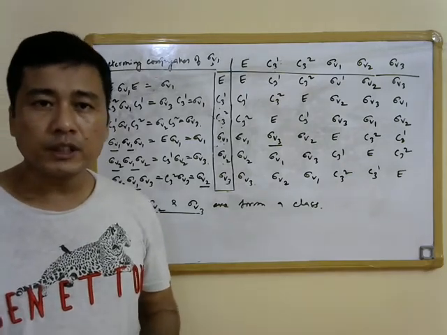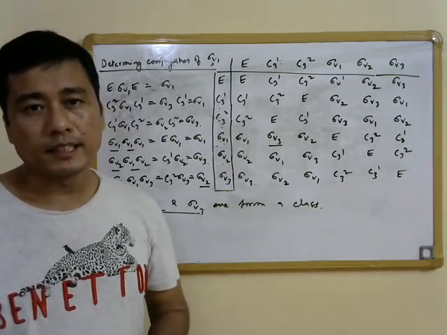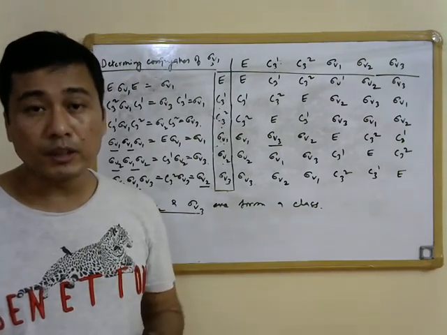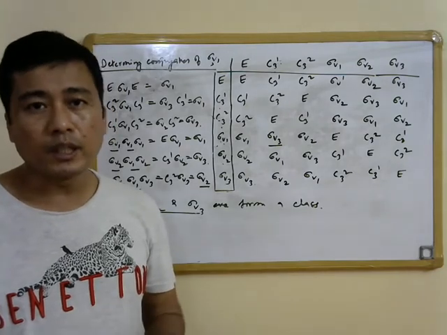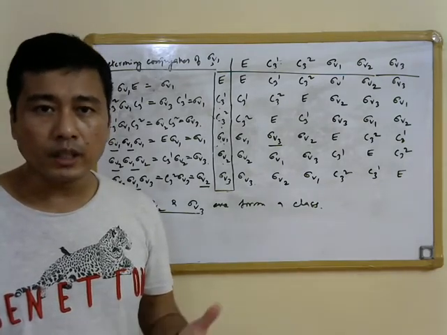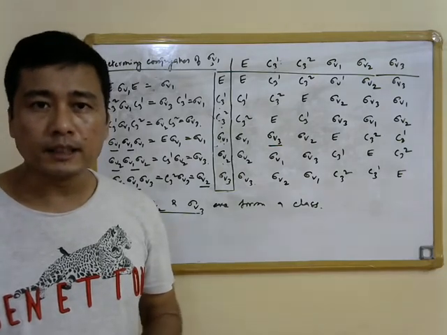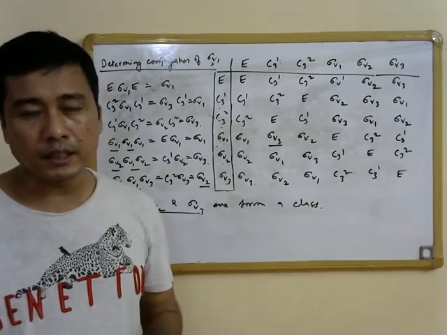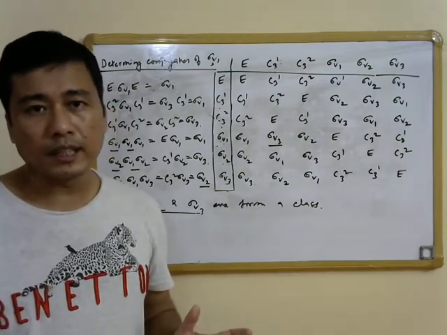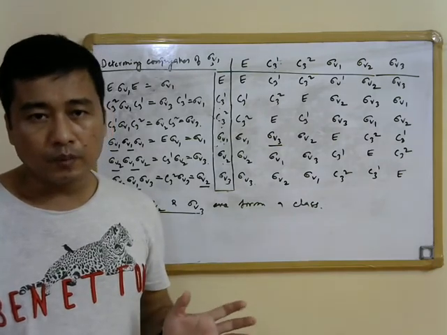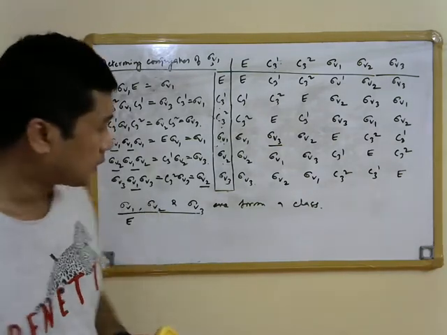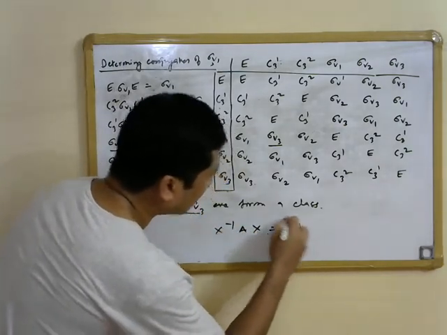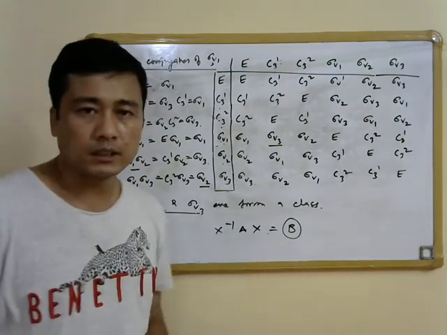Then we talked about a very special kind of subgroup that we call a class. These are composed of the entire set of elements which are conjugates of each other, and we find elements which are conjugate to each other by doing a simple mathematical operation known as the similarity transformation, where we multiply each element by the inverse of other elements present in the group and then with the element, that is, we did the operation x inverse a x, and when the answer was equal to b, we said that a and b are conjugates of each other.